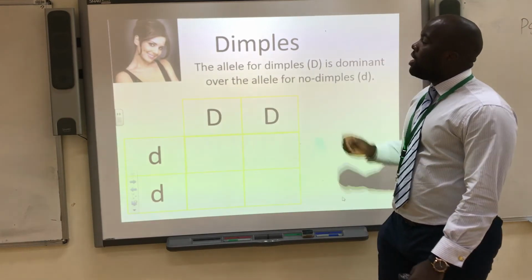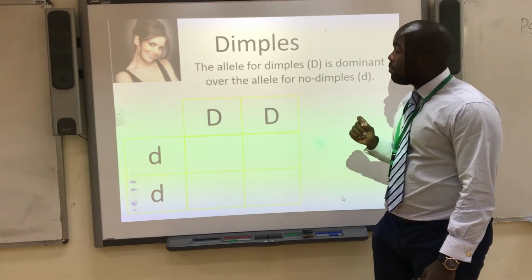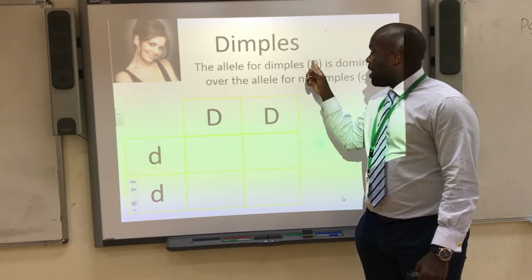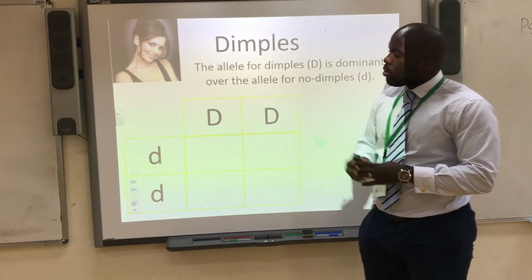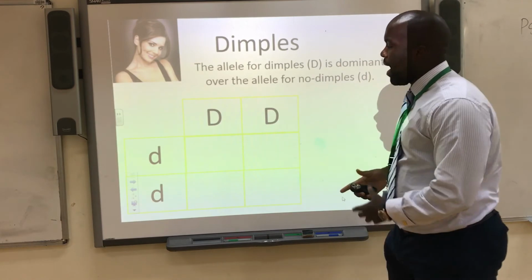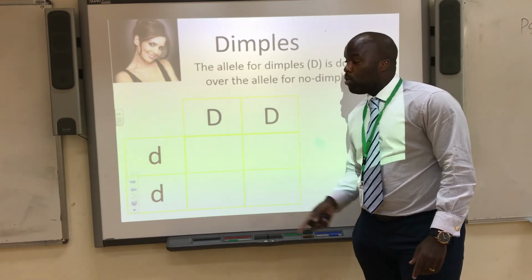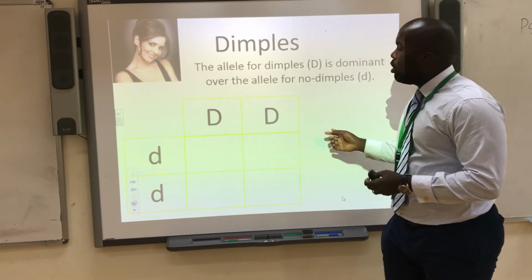So it says the allele for dimples is a dominant allele. So if you have dimples, okay, a dominant D, a capital D, means it's for dimples. Okay? Now, what we want to do, just like we did with whether you're a boy or a girl, is work out the probability of this couple having a child with dimples.